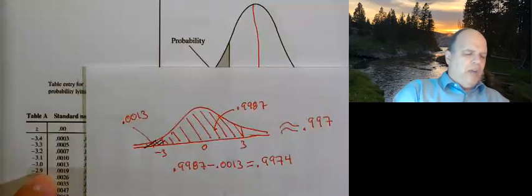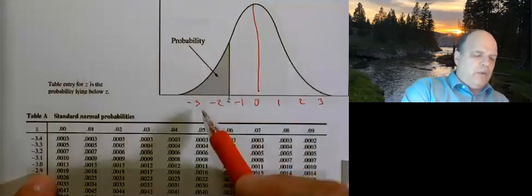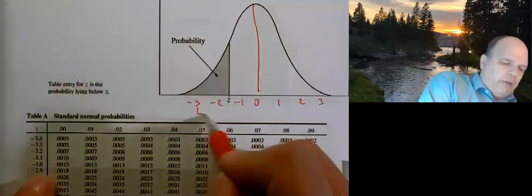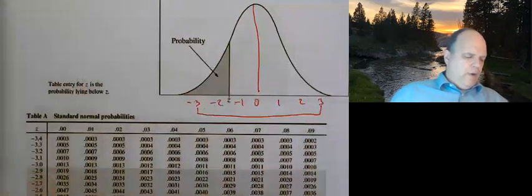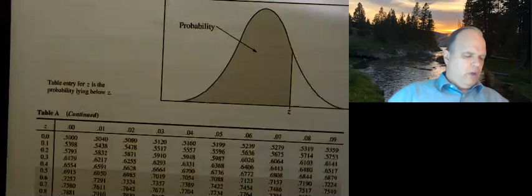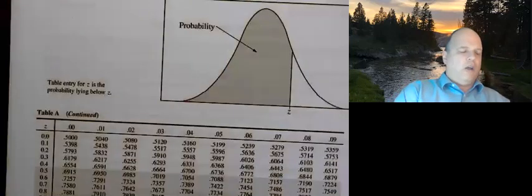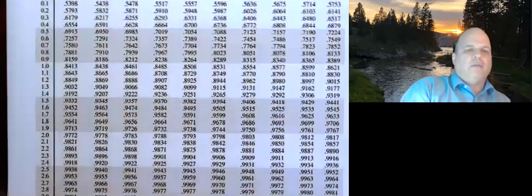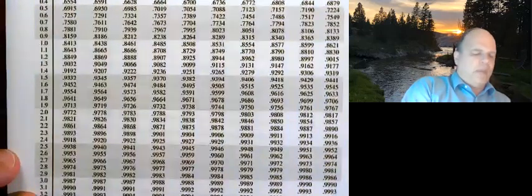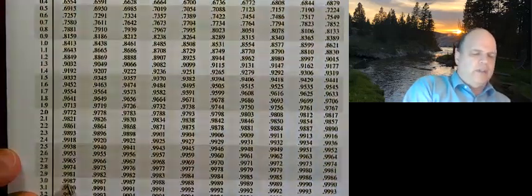So what is a +3? Because I need the area between -3 and +3. Well, if I look at the positive chart and slide all the way up to +3, I see 0.9987.